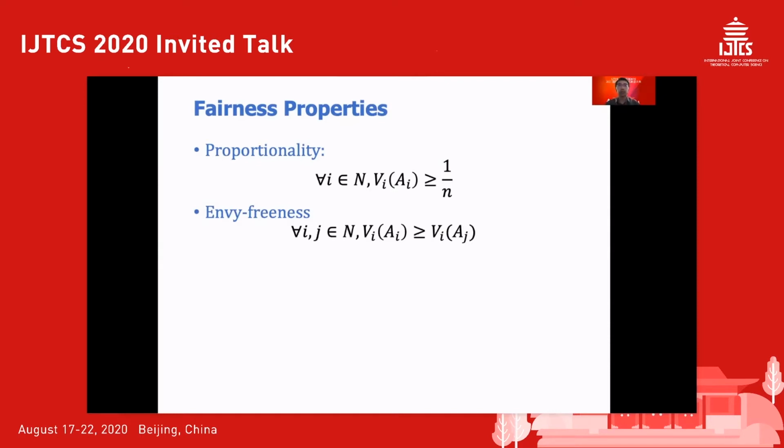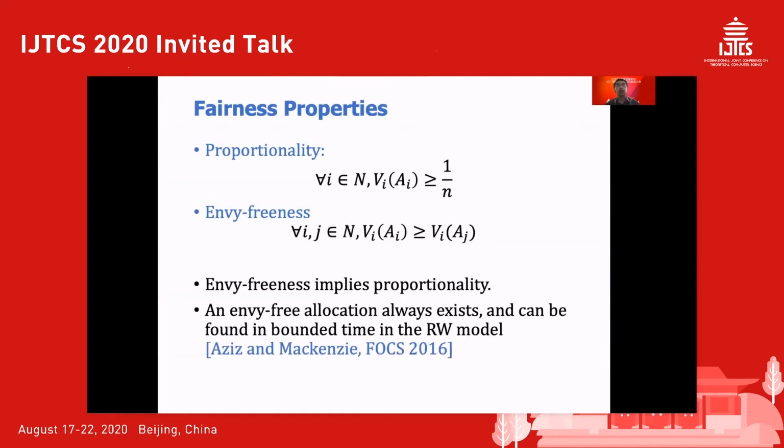So this is the second condition. If you look at these two fairness conditions, it's not hard to realize that envy-freeness is a stronger fairness notion, in the sense that envy-freeness always implies proportionality. If an allocation is envy-free, then it is also proportional, but the reverse may not be true.